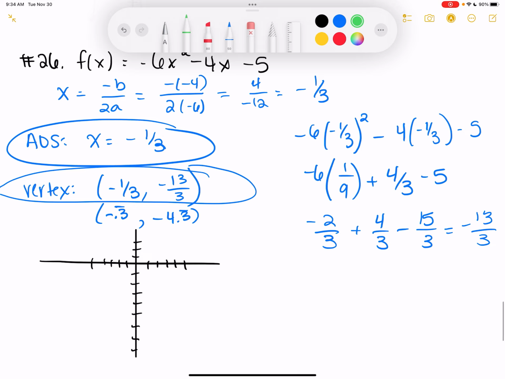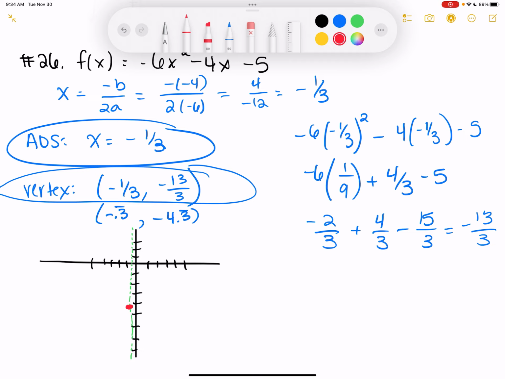So it's literally just barely to the side of the y-axis. And I know that line's not straight, but that's okay. So the vertex is on that line at negative 4.3. So I'm going to go down to 4 and a little bit farther. There's my vertex.